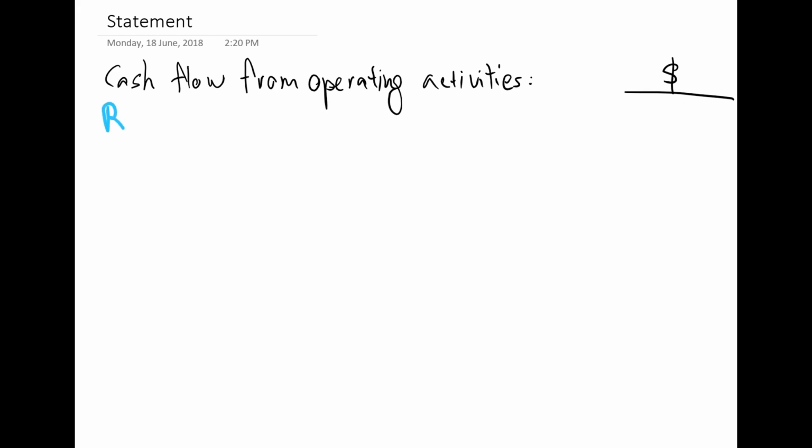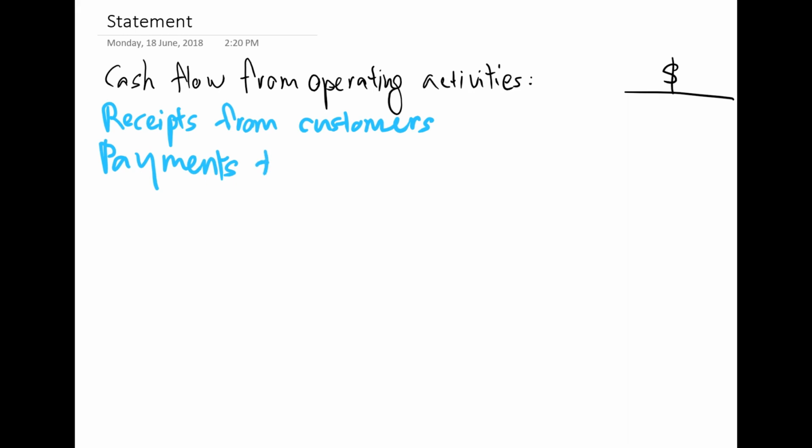Number one is receipts from customers. Number two, you would have payments to suppliers and employees.